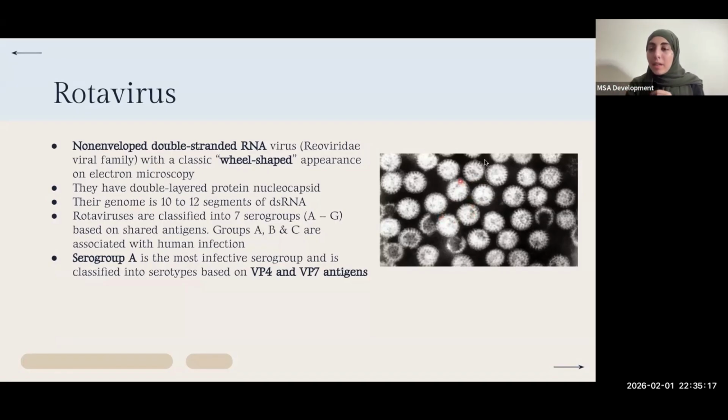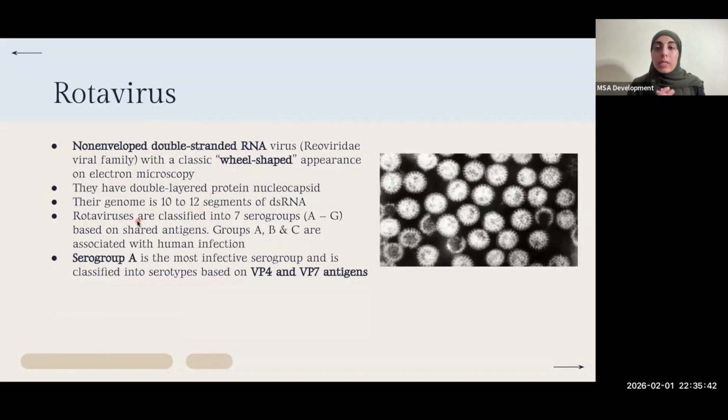This is kind of how it looks. So it's a wheel shape, okay? Look at this circle, and then with these little spikes or knobs coming out of it. This wheel shape is very characteristic of rotavirus. It has a double-layered protein nucleocapsid, and the genome is made of 10 to 12 segments. So this double-stranded RNA is made of segments.